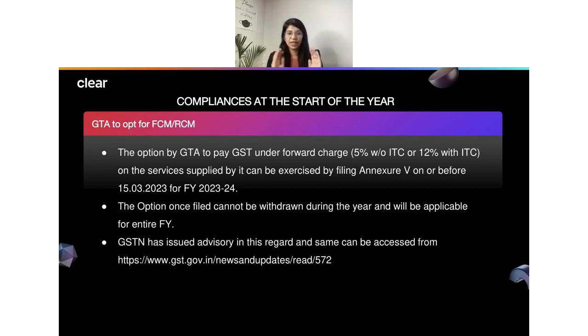In the forward charge, they have an option whether they want to go with 5% without claiming any ITC, or 12% with claiming ITC. They have to state that, and once they have done so, you as a recipient have to decide whether you have to pay the taxes under reverse charge or not, because that will be determined basis that information. And not only on that annexure, whatever invoices have been issued by the GTA, they have to clearly indicate in those invoices that they have paid the taxes under the forward charge.